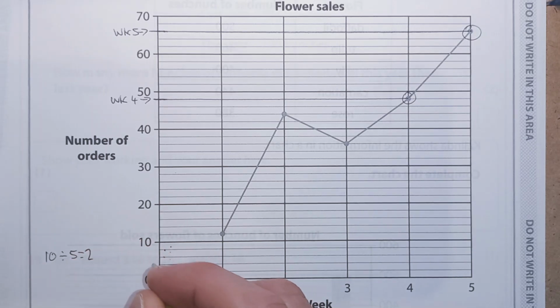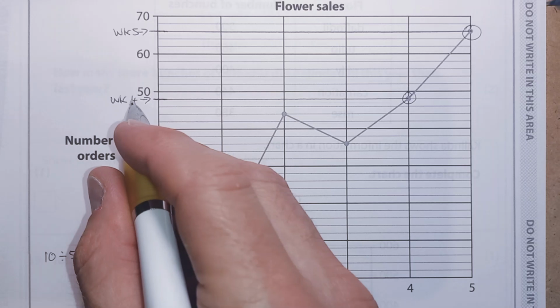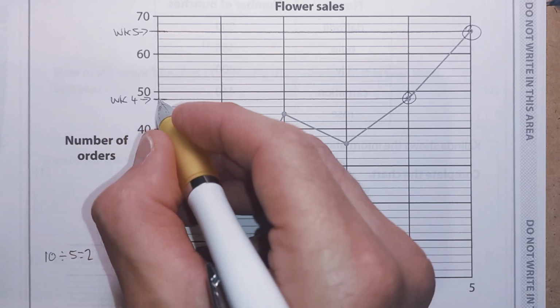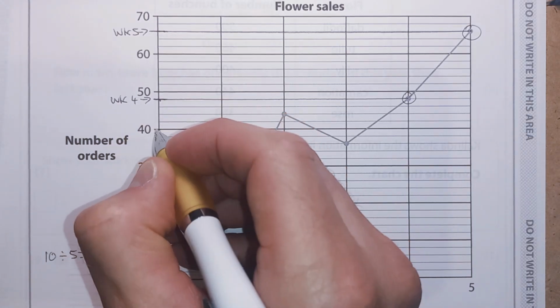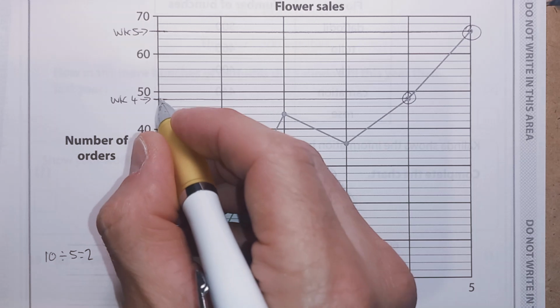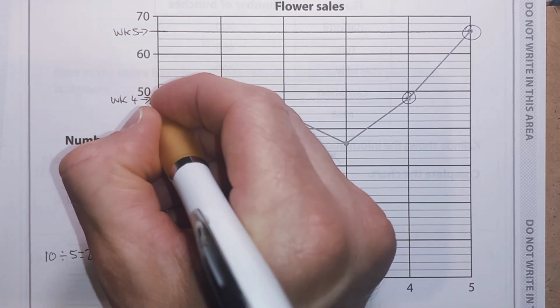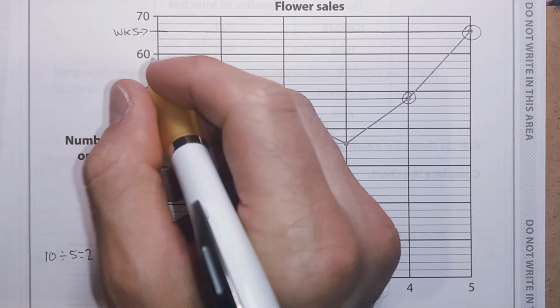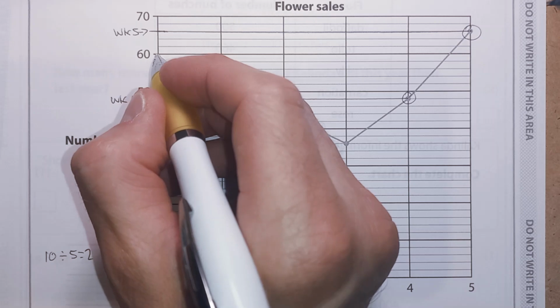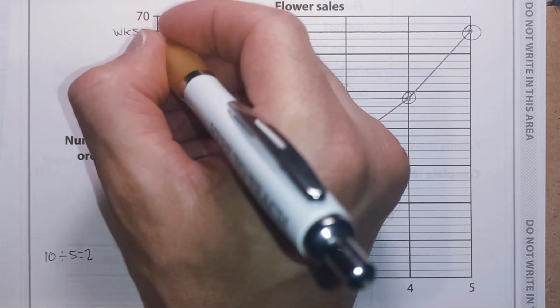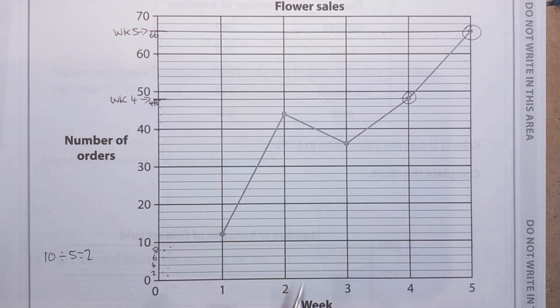So this would be like 2, 4, 6, 8. So week 4, 2 here, so that's going to be, if this is 40, 42, 44, 46, 48. And week 5, if this is 60, we've got 62, 64, 66.